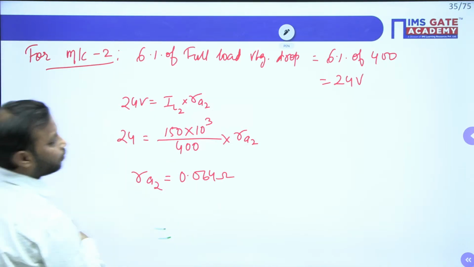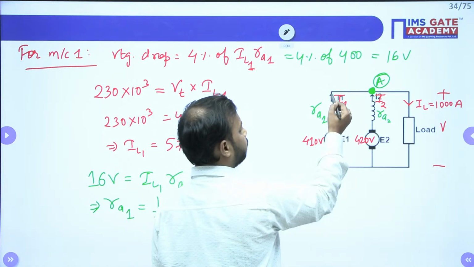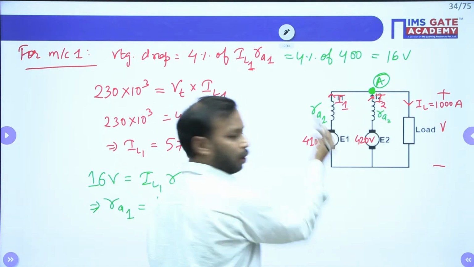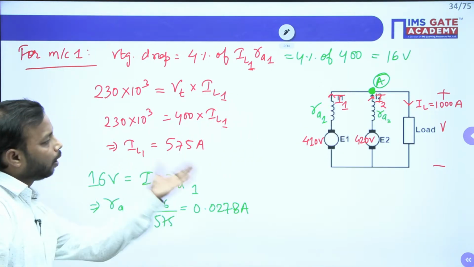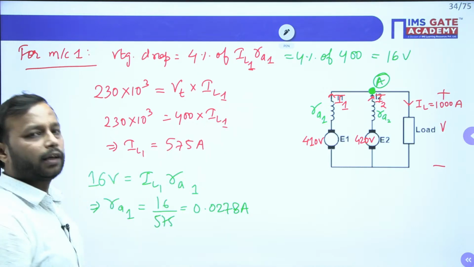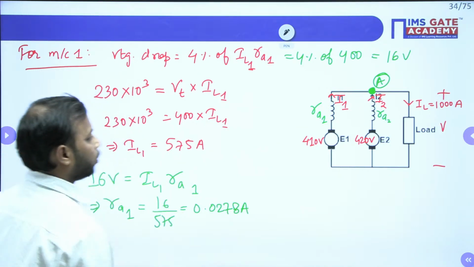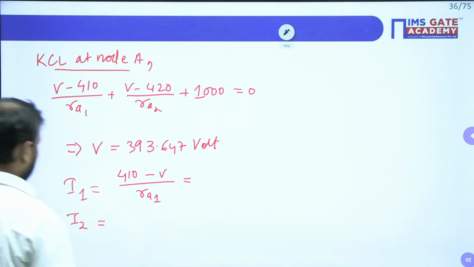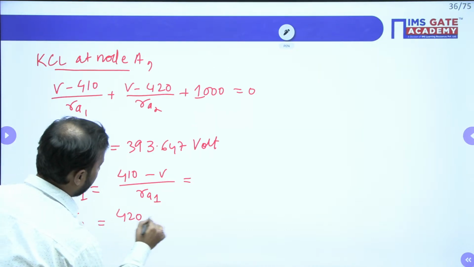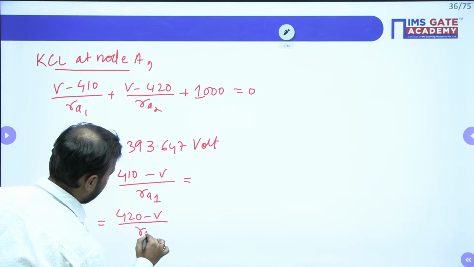See the direction, I1 direction. This is generator, na? So it will go from EMF to the terminal. And I2 is 420 minus V divided by RA2.